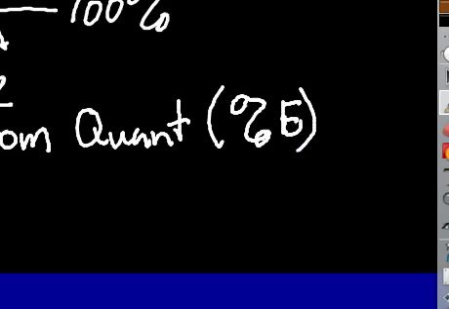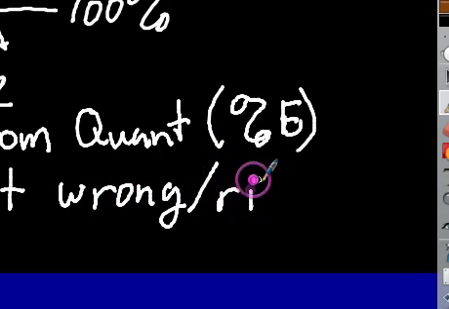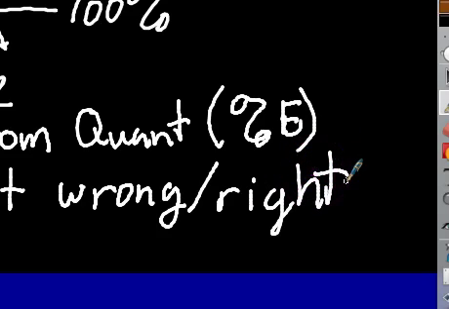Then you're going to say what went wrong, or, now this is the important part, what went right. For example, Ivy might say, my percent error on guessing his weight was 42%. And then she's going to say why she guessed such a ridiculously large number.